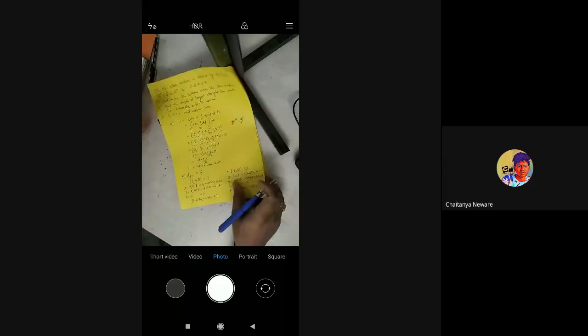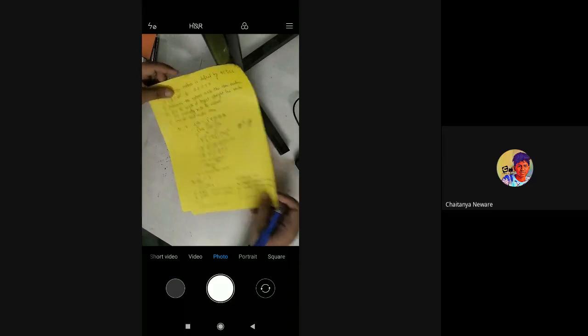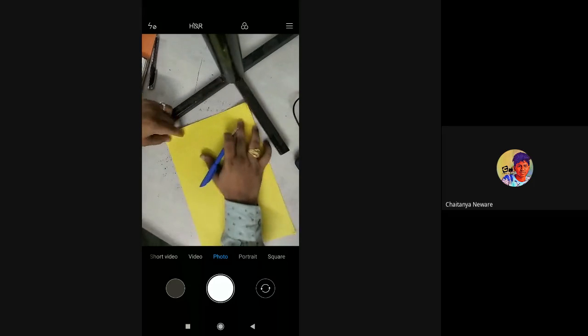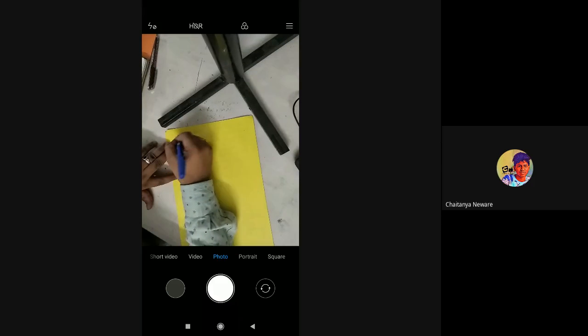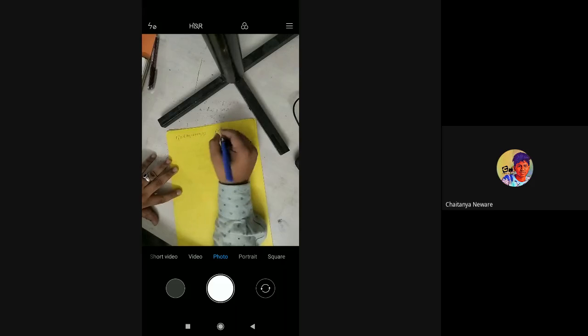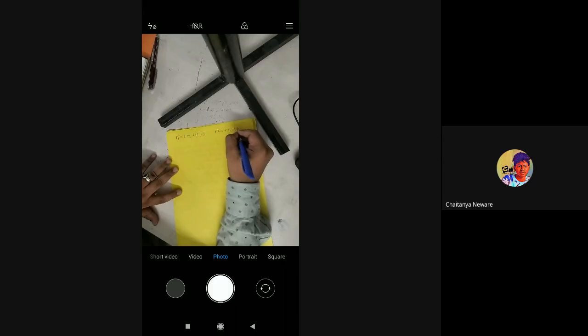Then we have to find the longest distance. So I again write the coordinate of P: 0.6170, minus 3.9521 and 2, and P dash is minus 5.7144, minus 1.8268 and 5.